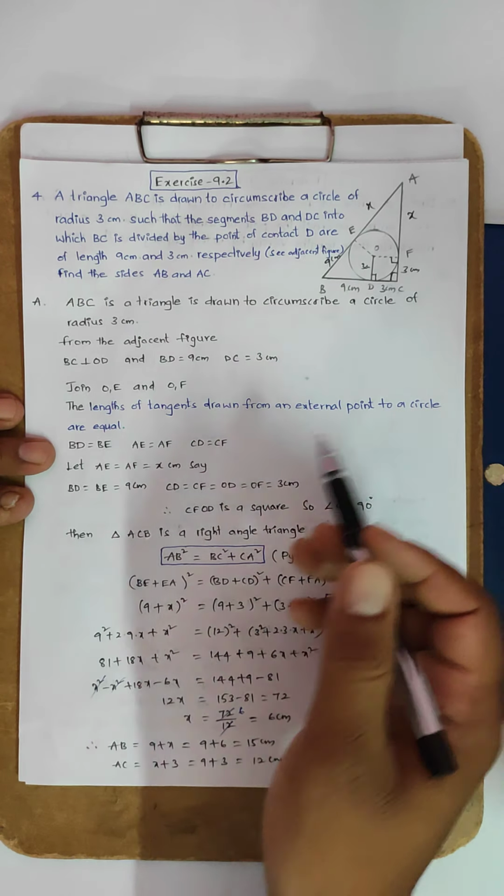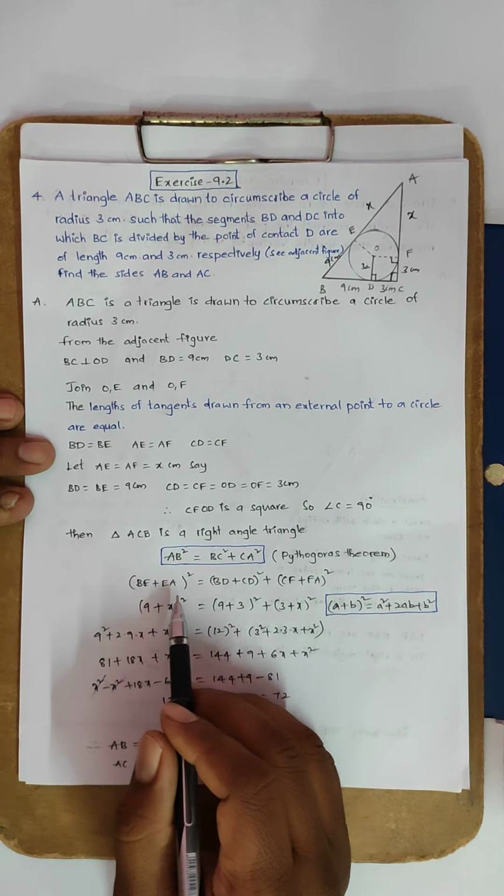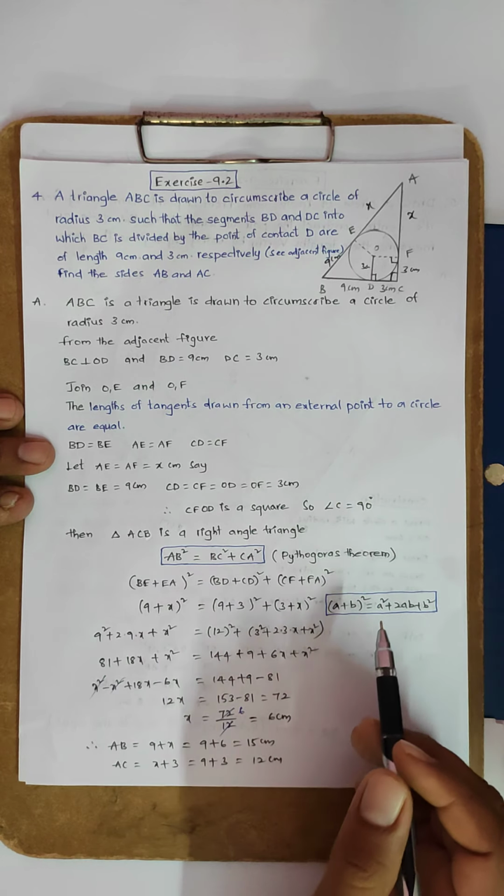Now I substitute the values of BE, BD, CD, CF, FA.